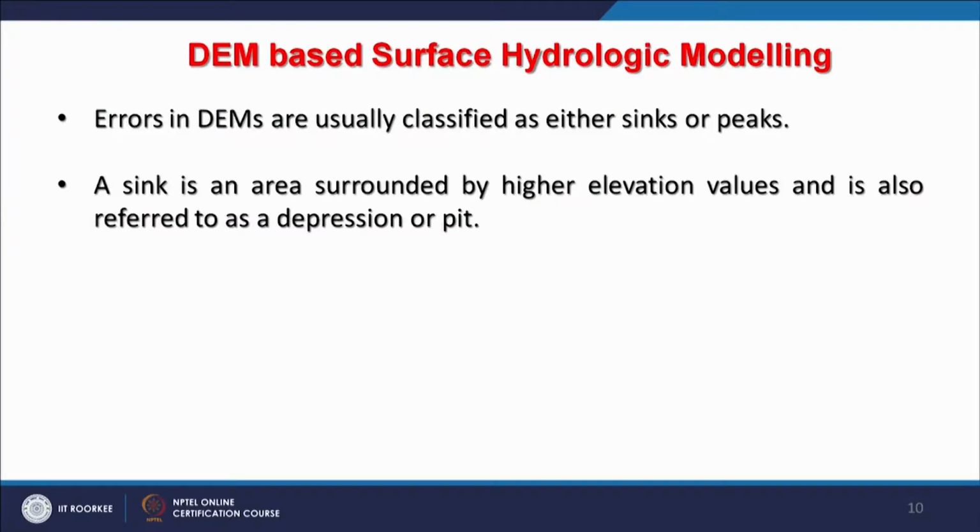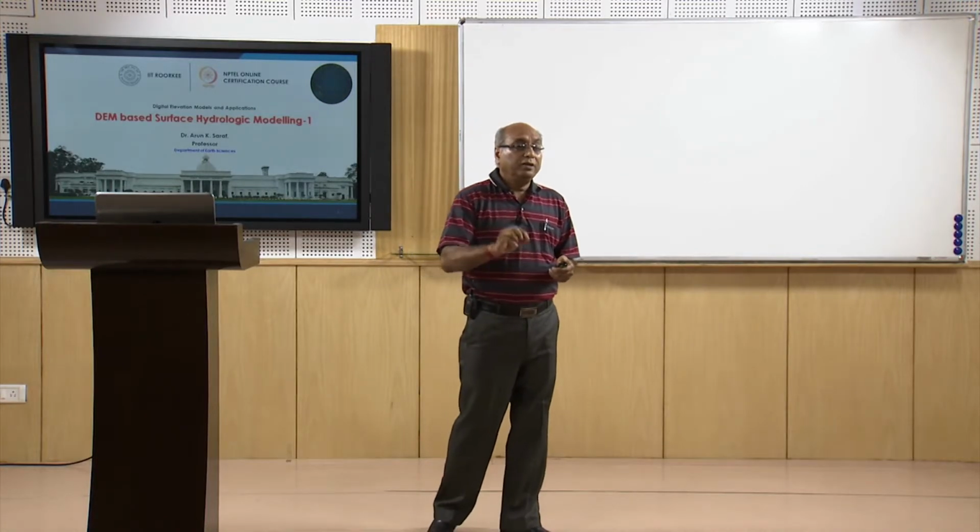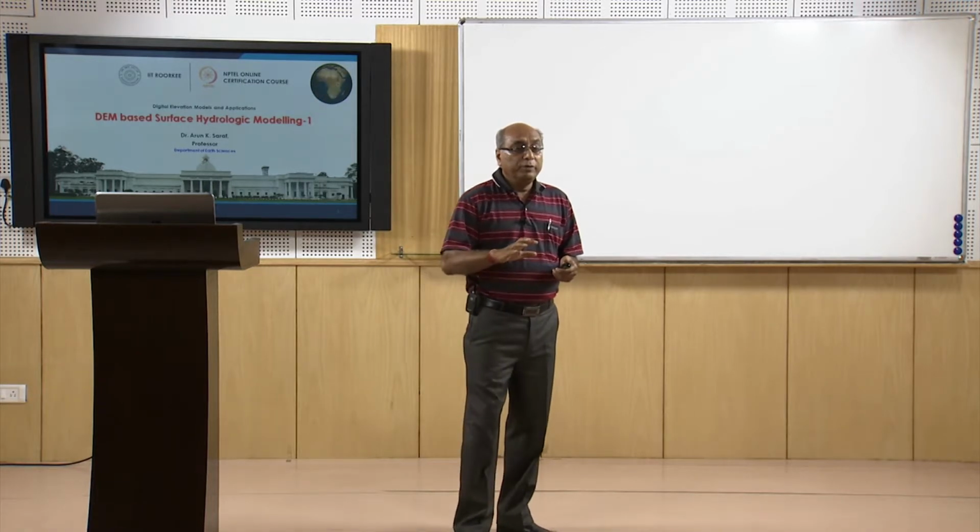A sink is a lower area surrounded by higher elevation values, or in the case of a peak it is a higher elevation surrounded by lower values. This is an area of internal drainage, because surface runoff has to flow out, and therefore these have to be filled.